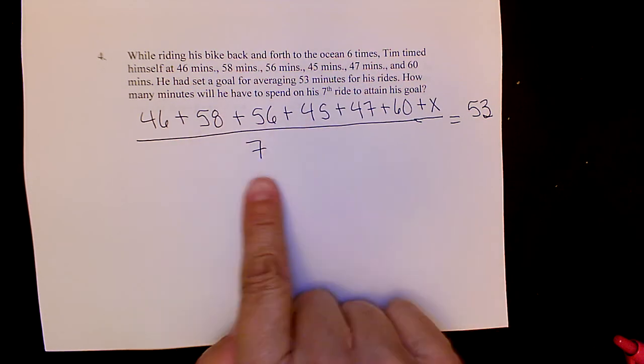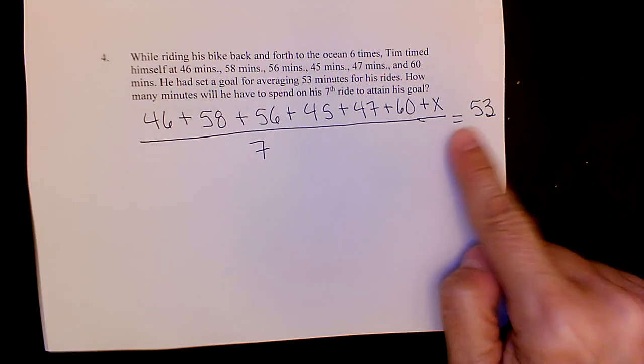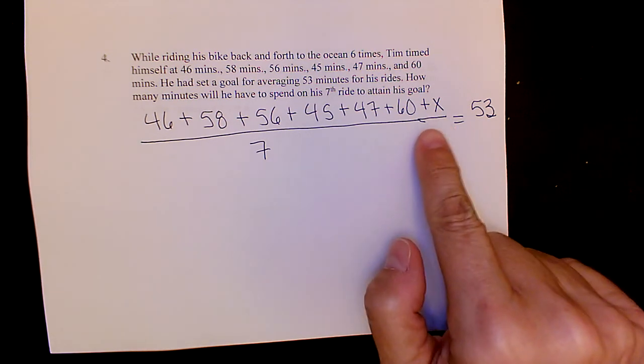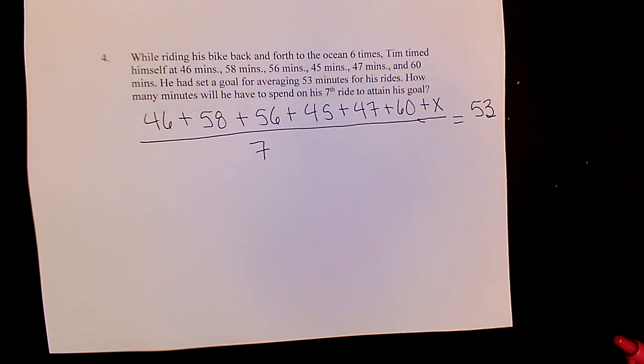We're going to divide by 7 because there's 7 numbers, and we want our average to equal out to 53. How much does he need? What time does he need to make on that 7th ride to get to an average of 53?